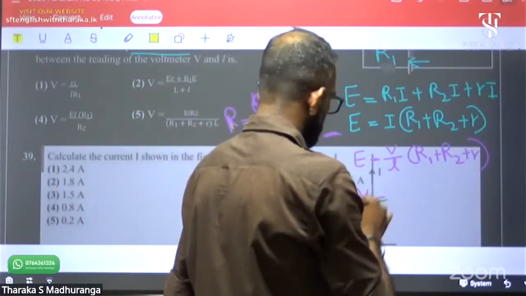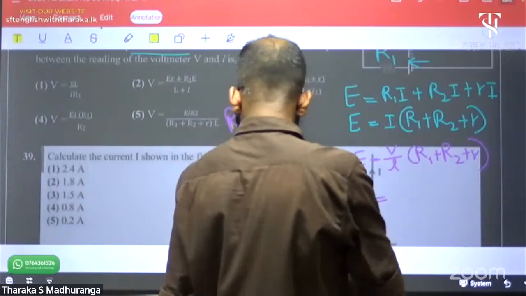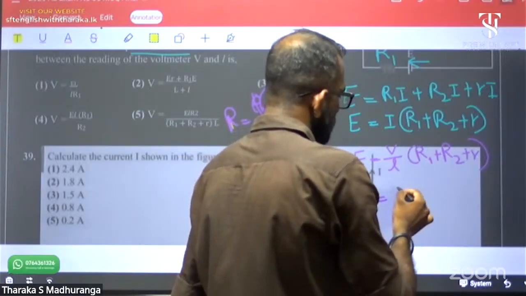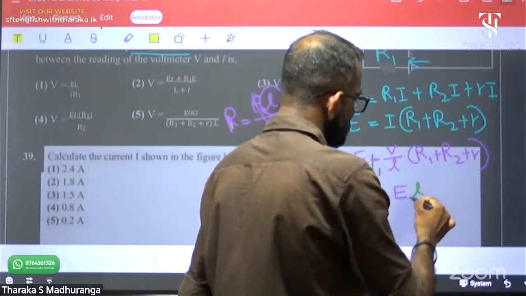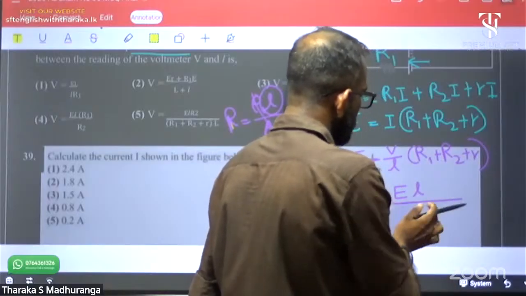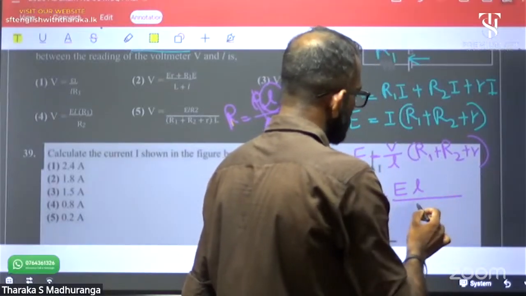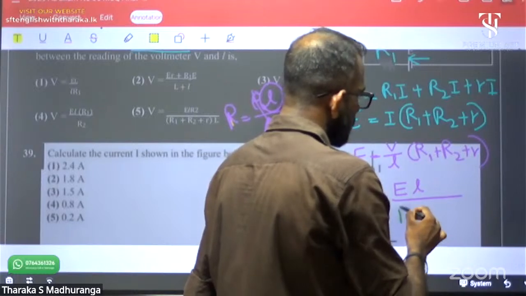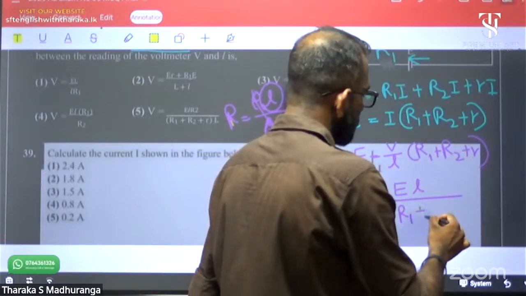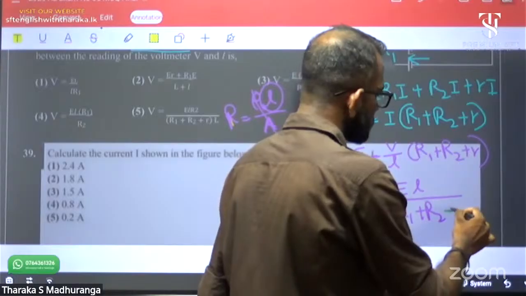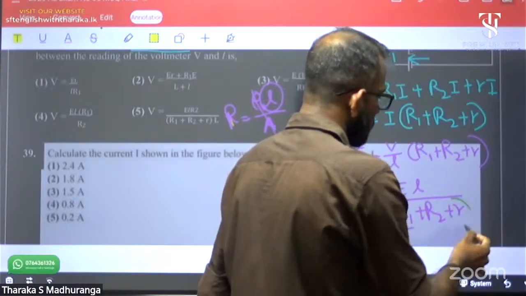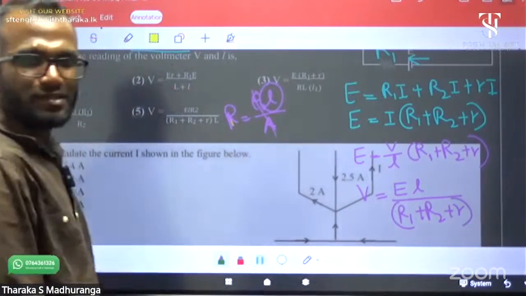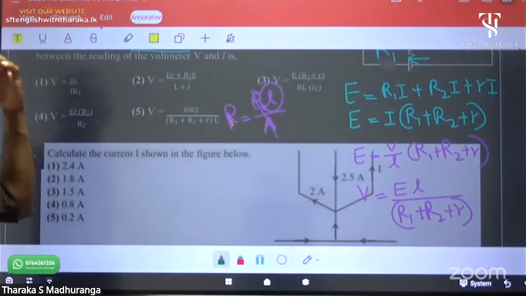V equal EL divided by R1 plus R2 plus simple R. Okay, that's the approximate answer.